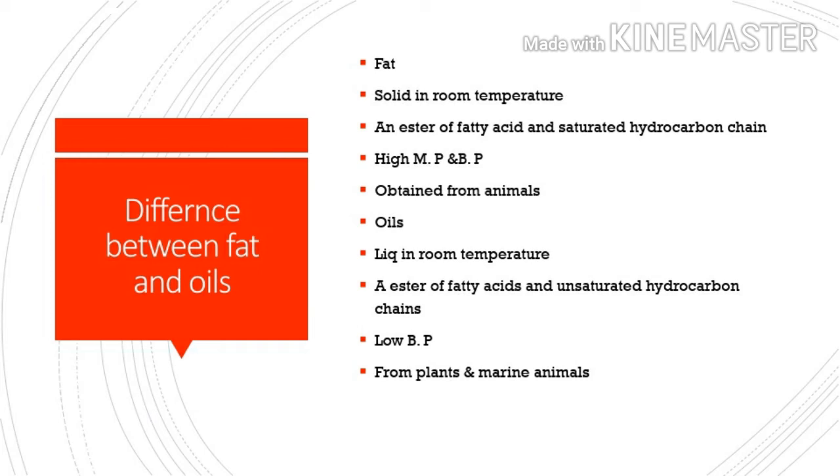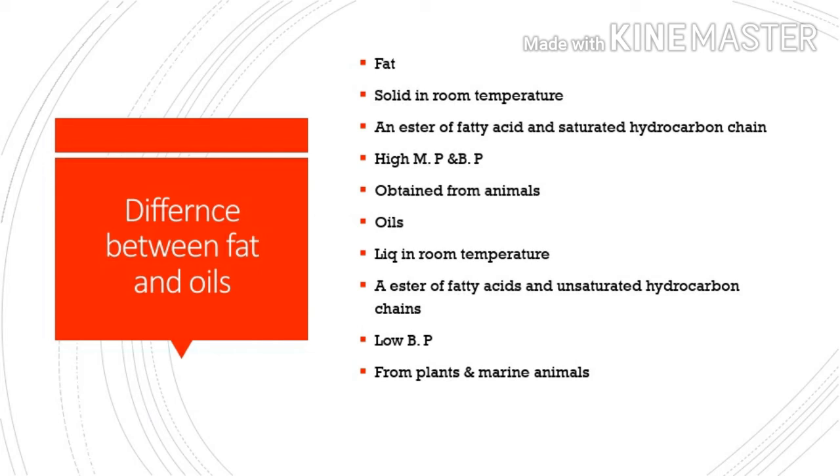It is an ester of fatty acid and saturated hydrocarbon chain, whereas oil is liquid in room temperature. It is an ester of fatty acid and unsaturated hydrocarbon chain. It has low boiling point and it is obtained from plants and marine animals.